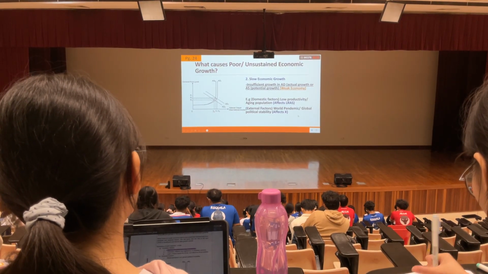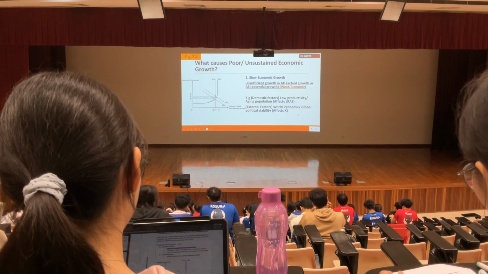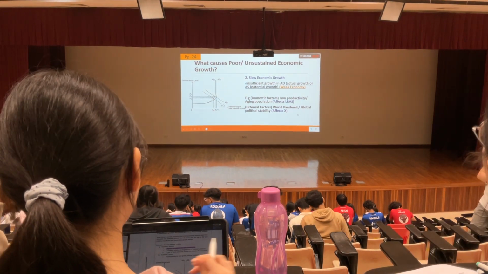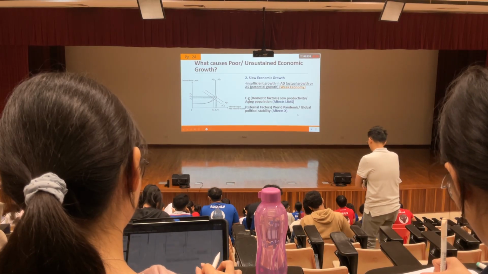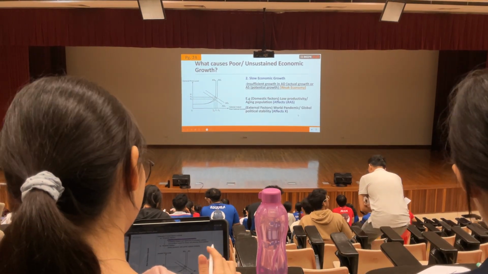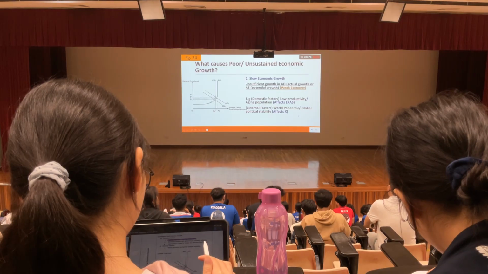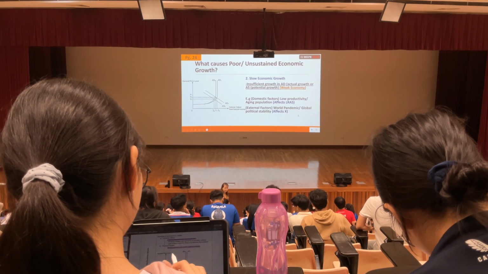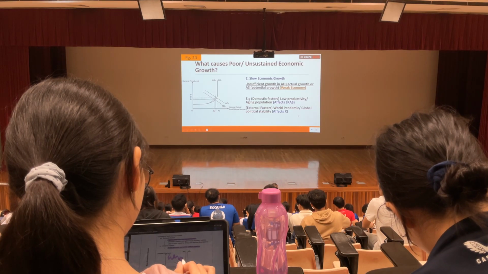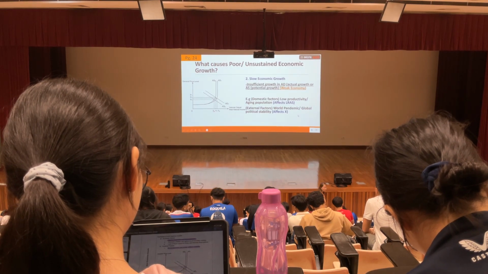And your external factors, for example, a world pandemic or global political instability will affect your demand for exports. So your AD or your AS is affected, and there's an insufficient growth, right? This will lead to a slow economic growth in general.